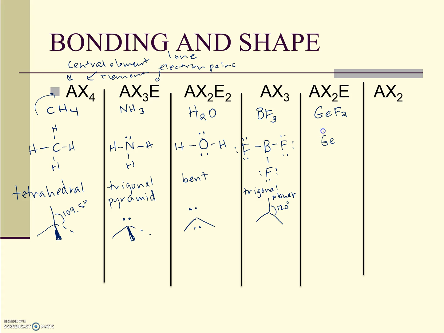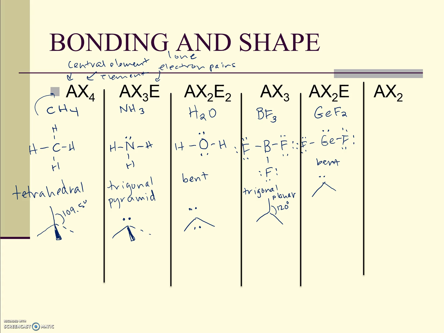So 1, 2, let's put these F's on here. And there's my F's. But basically I have 1 central atom, 2 things bonded, and 1 pair of electrons. It's like taking one of these away. And so it looks like this, and it's a different form of bent.